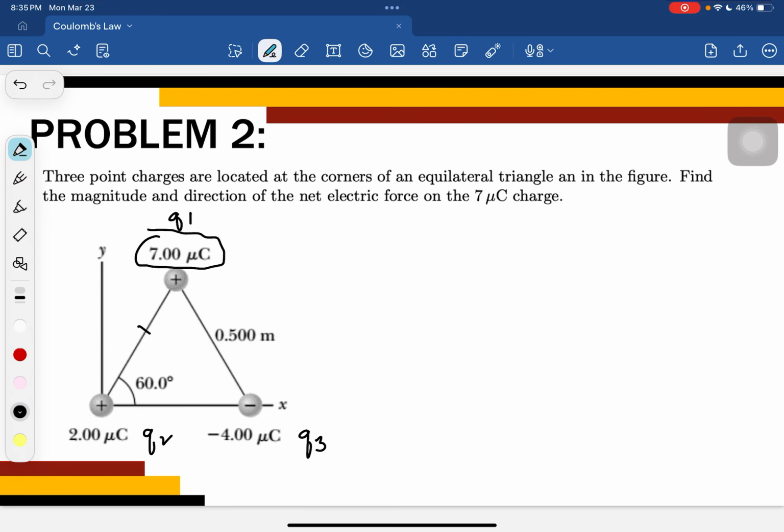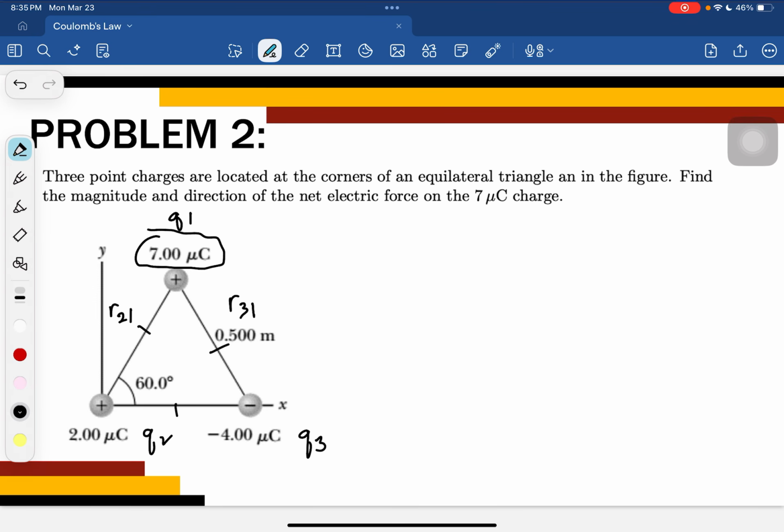I don't think we'll have problems with distances because it's an equilateral triangle, meaning all three sides have the same length. So that's 0.5 meters for R21, and 0.5 meters also for R31.